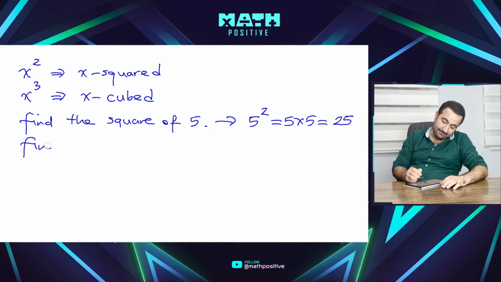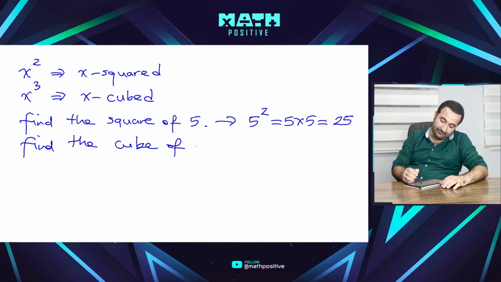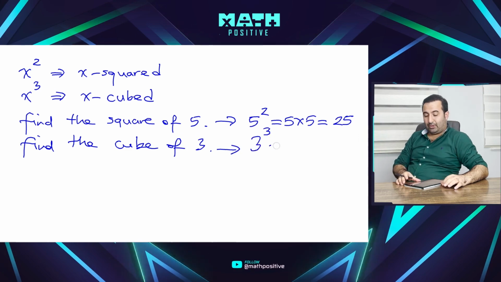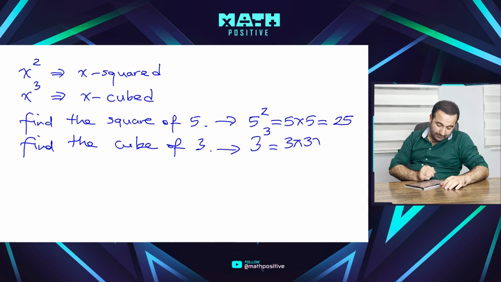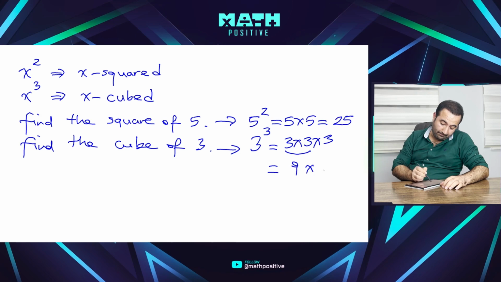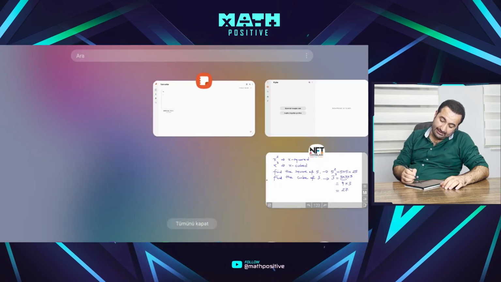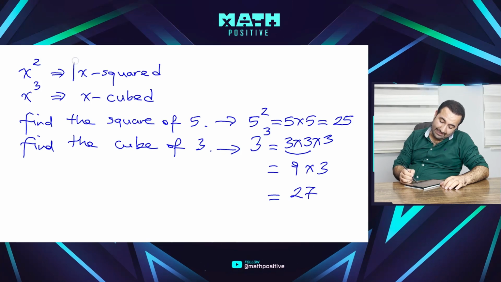This means find 5 to the power 2, which is 5 times 5, and it equals to 25. Or when we say find the cube of 3, this means 3 to the power 3, which is 3 times 3 times 3, equals 3 times 3, 9 times 3, that's 27.